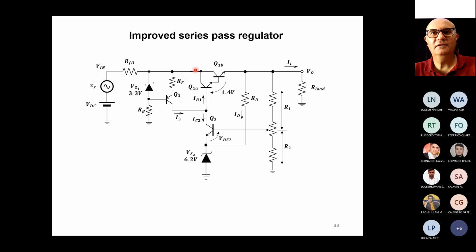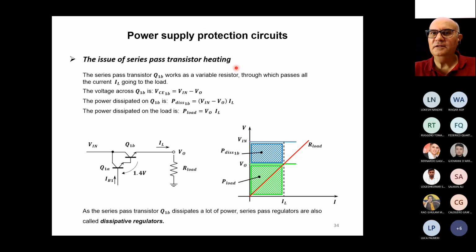So if I want to divide the voltage from 20 at the input to 10 at the output, given that the IL current is the same in the load and more or less in the transistor, the load and the transistor will dissipate the same power because they have the same value in terms of resistance that I see in this direction. And this is a very interesting point. As I said, the main problem with the series pass transistor is that it is heating a lot.